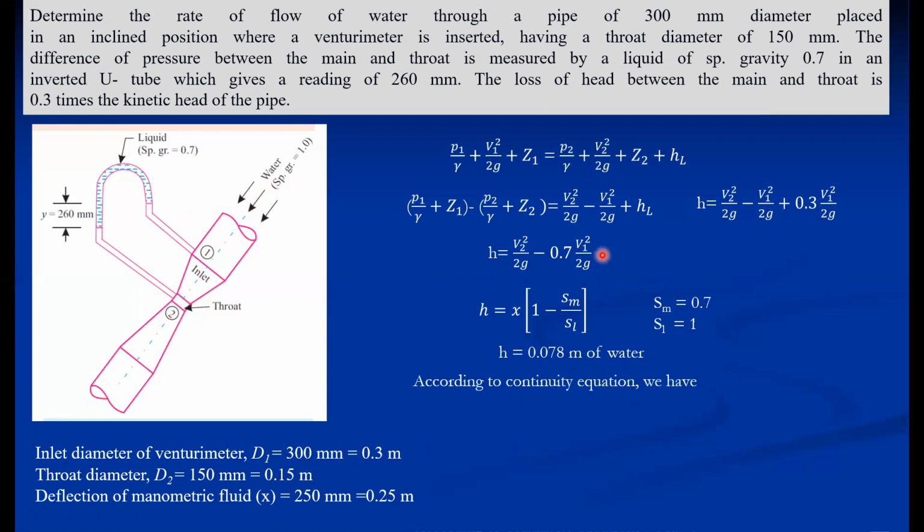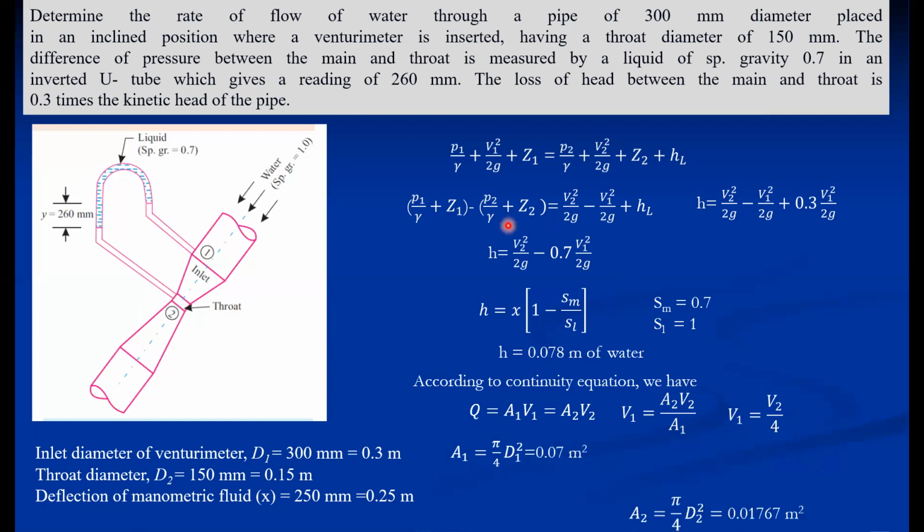Now, according to the continuity equation, Q is equal to A1 V1, that is equal to A2 V2. So we can put V1 in terms of V2 by putting the values of areas. A1 is this, A2 is this, so V1 is equal to V2 by 4.